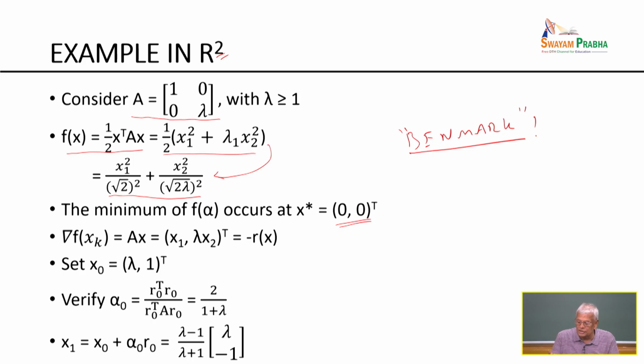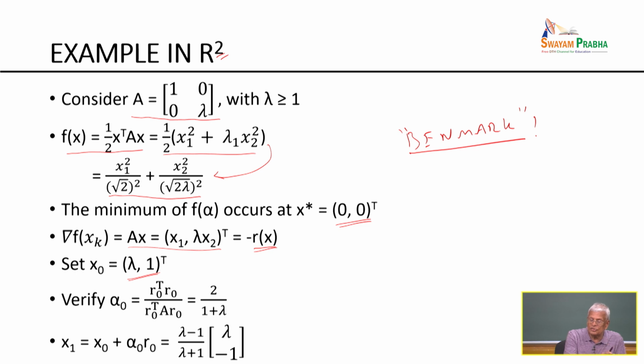So, the minimum occurs at 0 0, the gradient is Ax, there is no b here, b is 0. So, Ax itself is the negative of the residual; Ax is the gradient, which is the negative of the residual. I already have the algorithm, and I am going to start the algorithm at the point x naught equal to (lambda, 1).